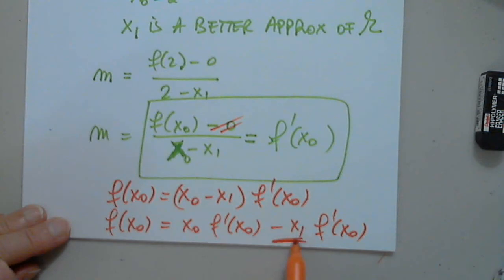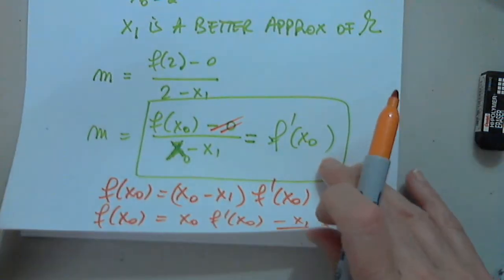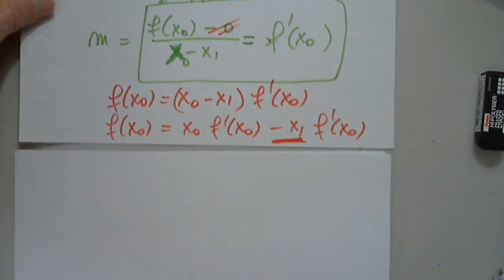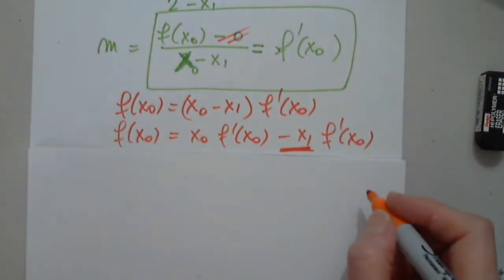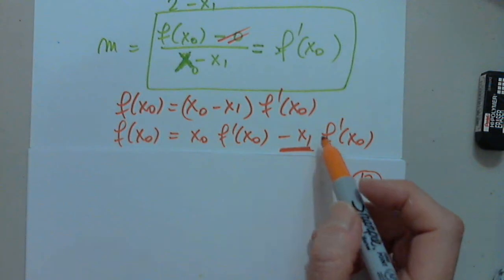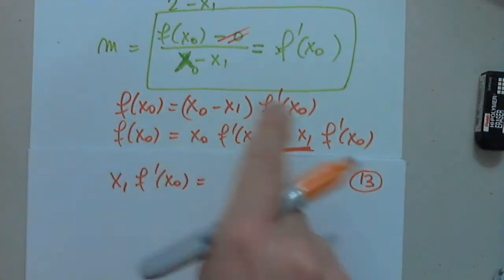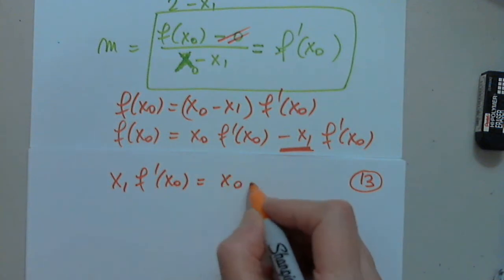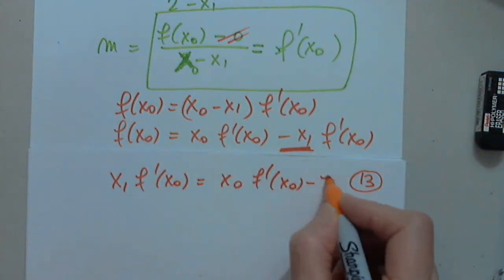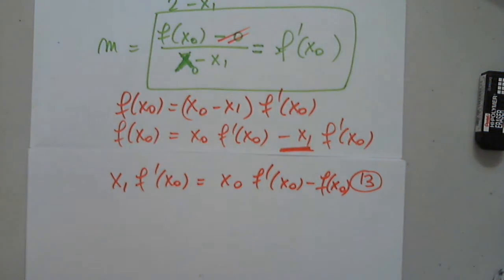I imagine I'm solving just for x1. I will move this term and move that term. It's all algebra. And I'll get x1 f prime of x0 equals x0 f prime of x0 minus f of x0.